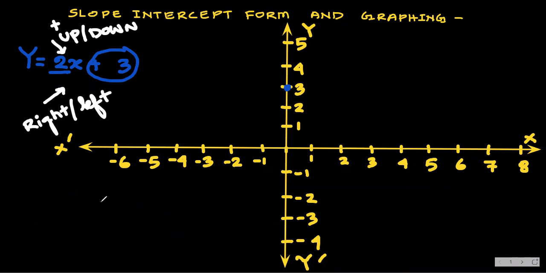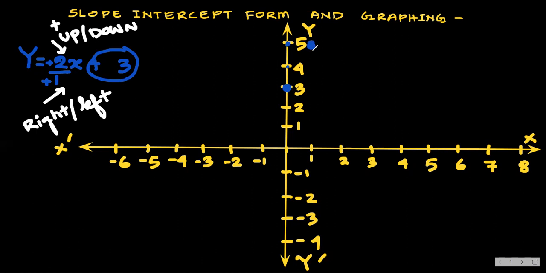What does 2 over 1 represent? This 2 represents we need to go 2 units up because it's a positive number, right? So from this, go 2 units up here. Now go to the denominator. The denominator is +1. +1 means we need to go 1 unit to the right. So we got 2 points, this one and this one.